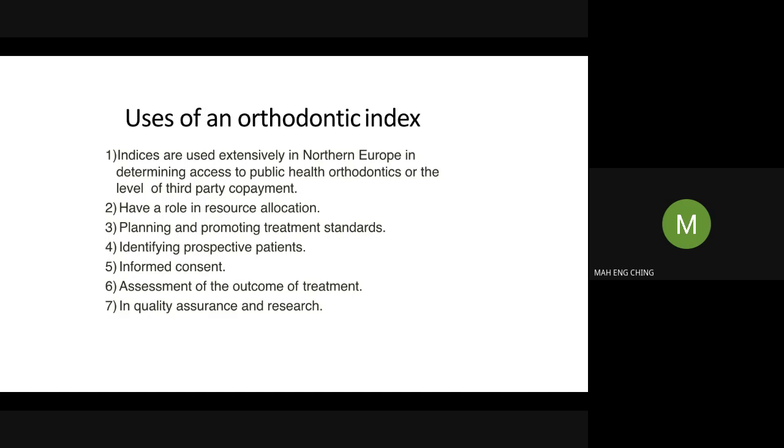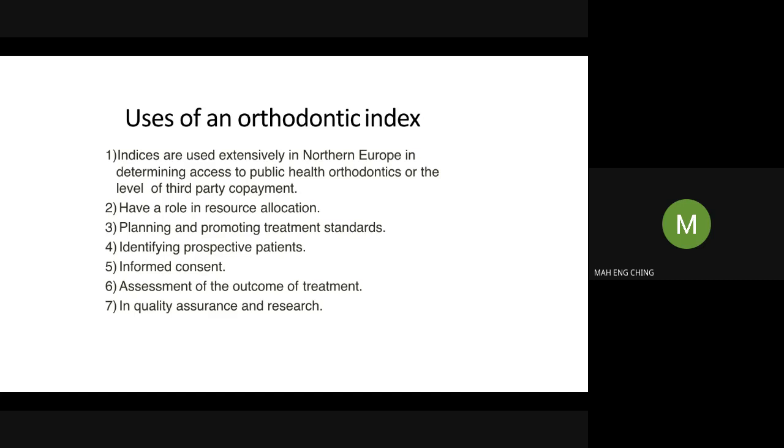So not all patients will get the treatment free or subsidized from the government. So we have to exclude certain patients who are too mild, as they are not qualified for government treatment. So the patients have to go through this orthodontic index, or be classified or categorized into different categories, then we can allocate the budget a bit better.